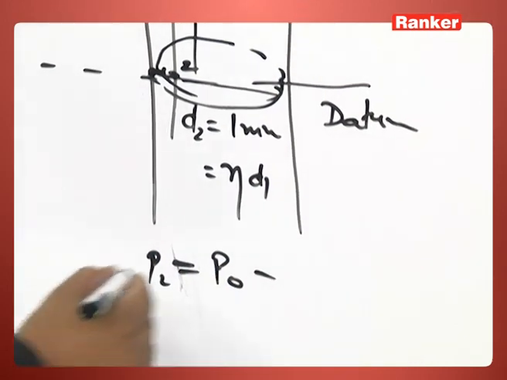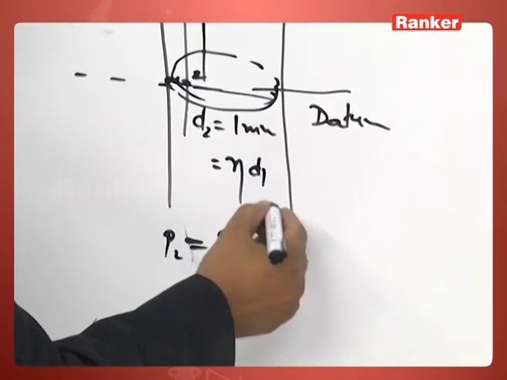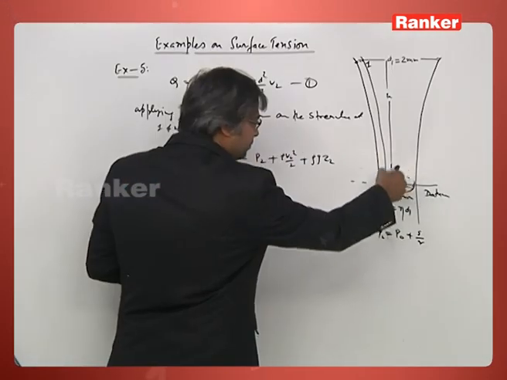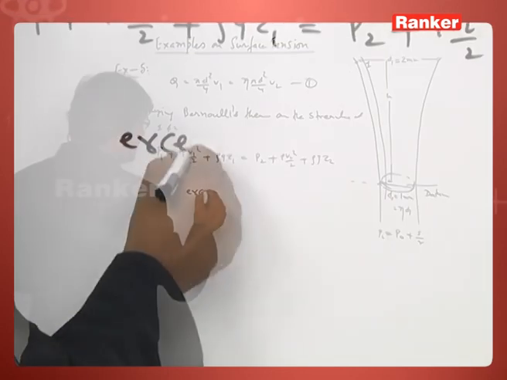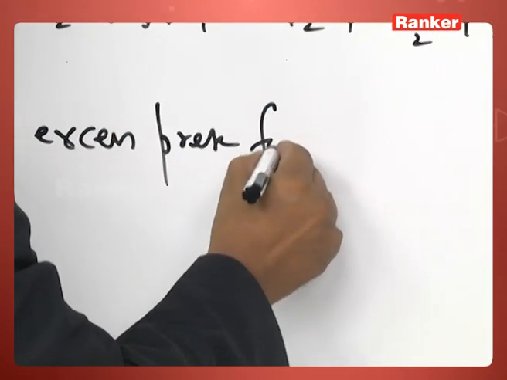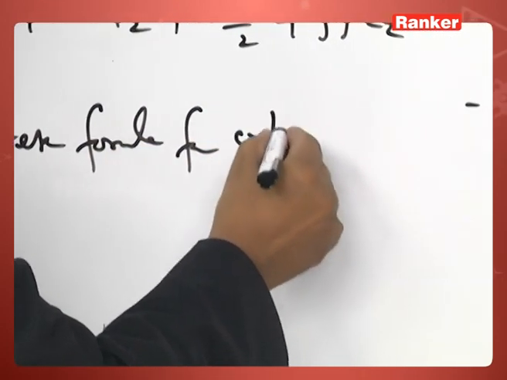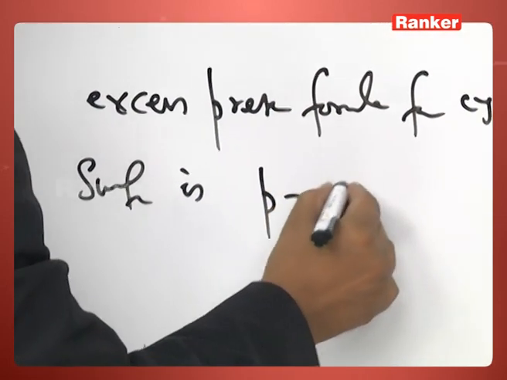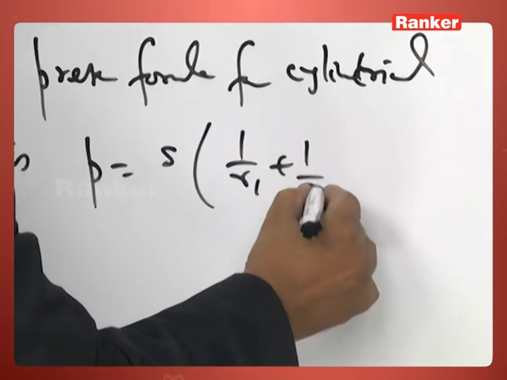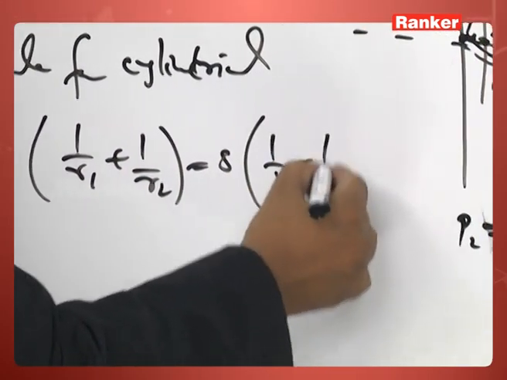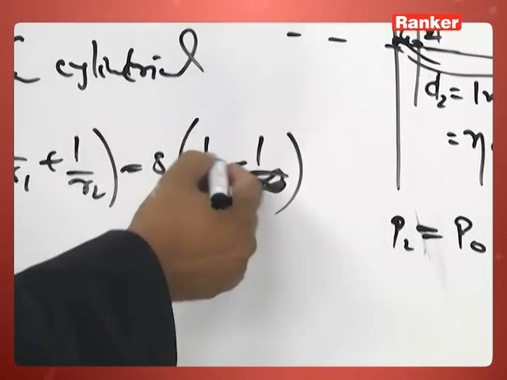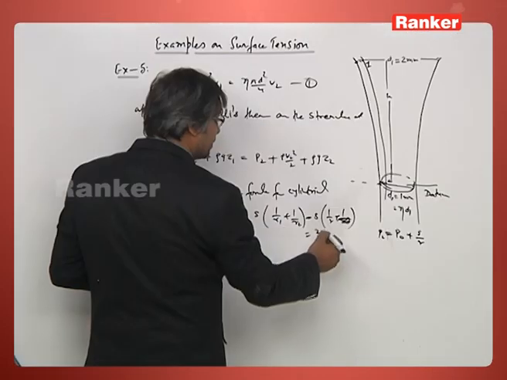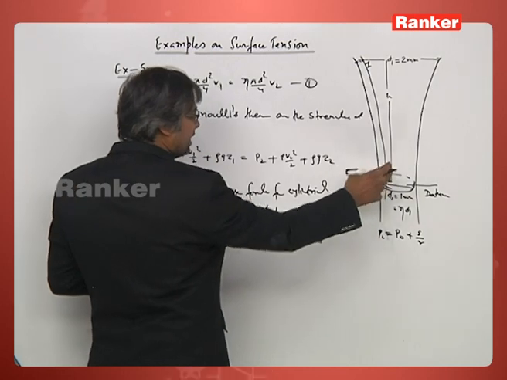This is equal to P naught plus S by R. You can see this is a cylindrical surface, so the excess pressure formula for a cylindrical surface is P is equal to S into 1 by R1 plus 1 by R2, that is S into 1 by R plus 1 by infinity, which is 0. In terms of D, I can write R is equal to D by 2, so 2S by D, where D is the diameter at that point.